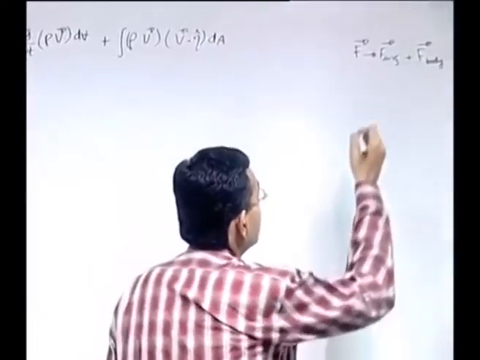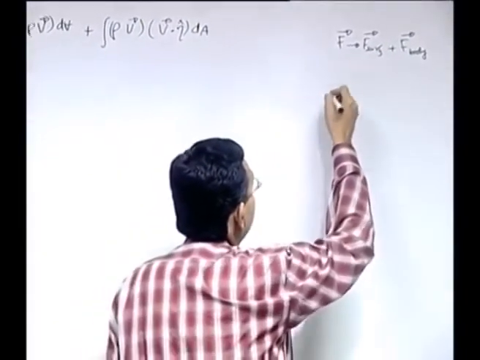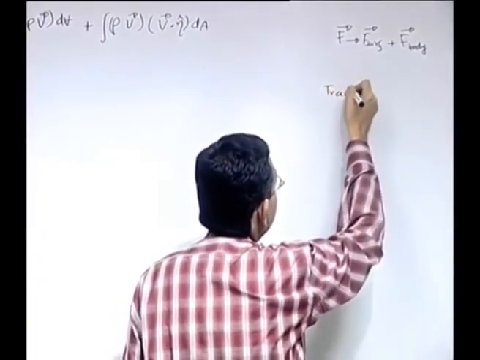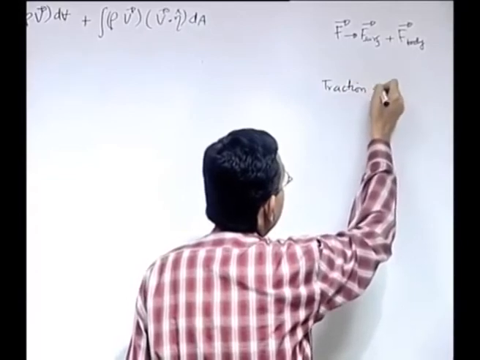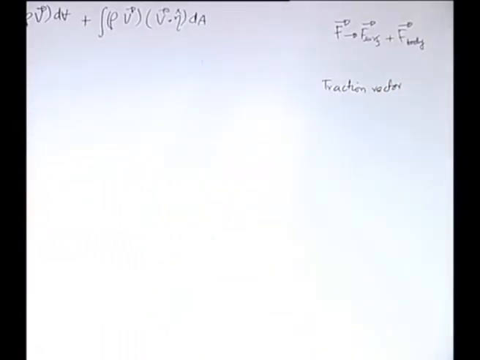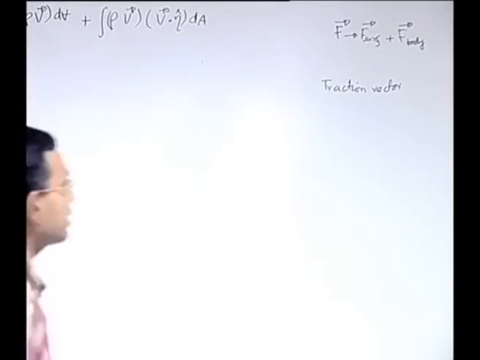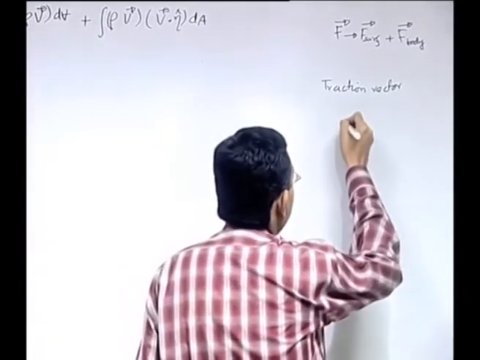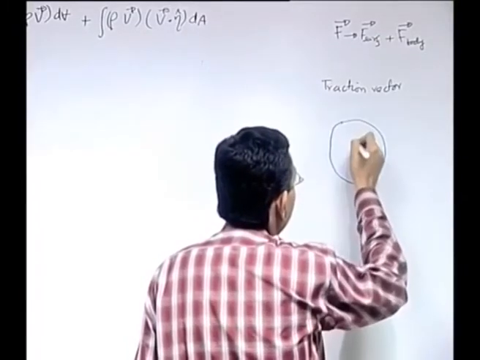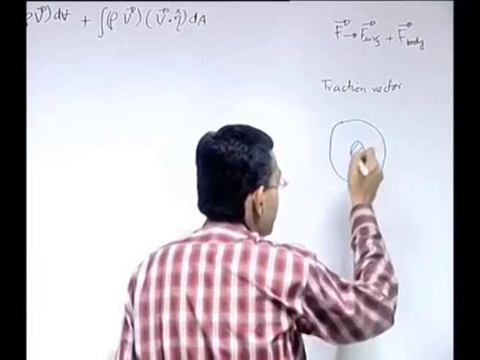To do that, we will introduce the concept of a traction vector, which is a vector which designates the surface force in a formal way. How does it do that? Let us consider that you have a volume from which you take out a chunk.